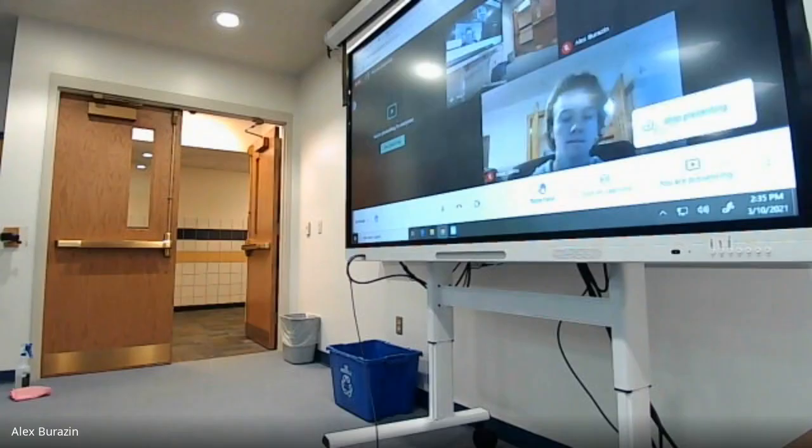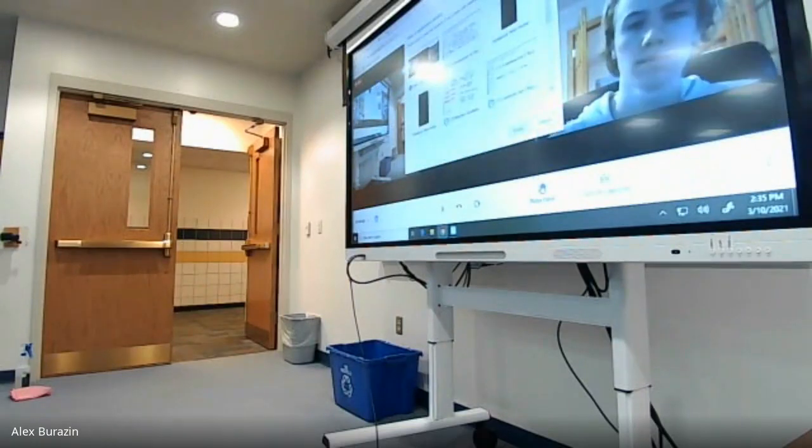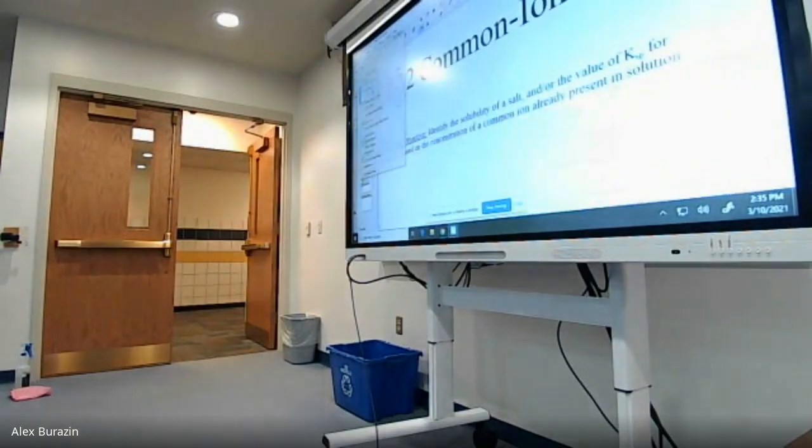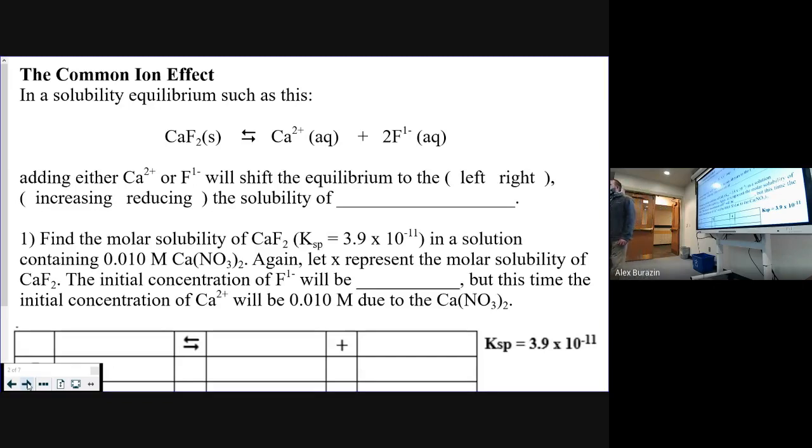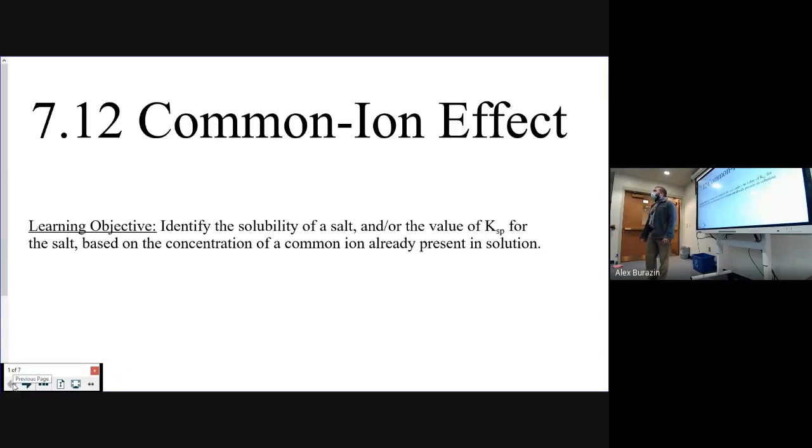All right, let's go over to 712. Okay, so those true-false questions, or in other words, those true questions, were kind of leading us into this. 712 is on the common ion effect, also known as, hey, when something is soluble and you introduce a common ion, it's going to mess with the equilibrium.